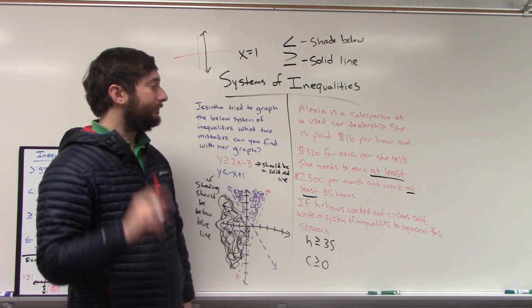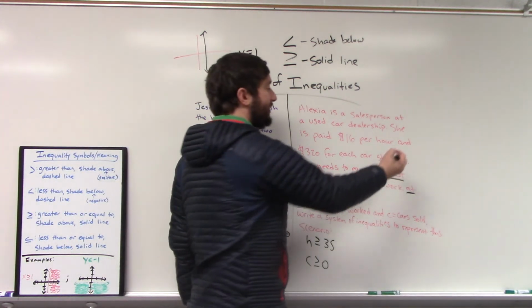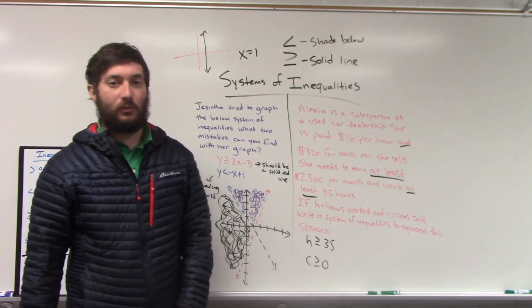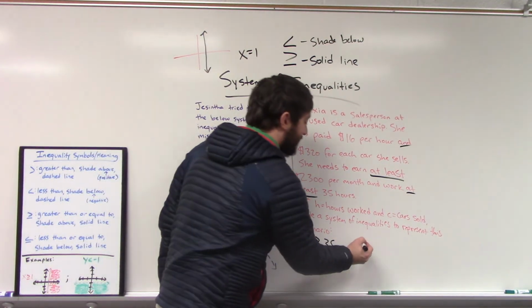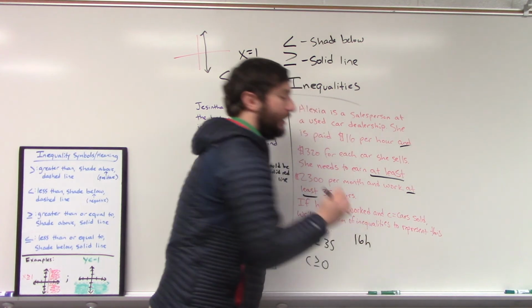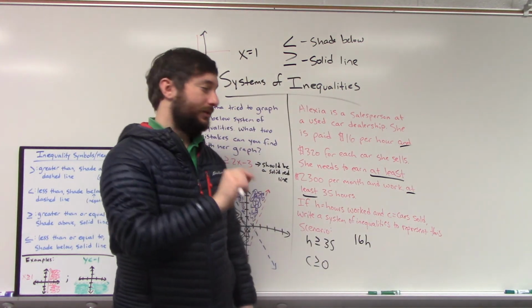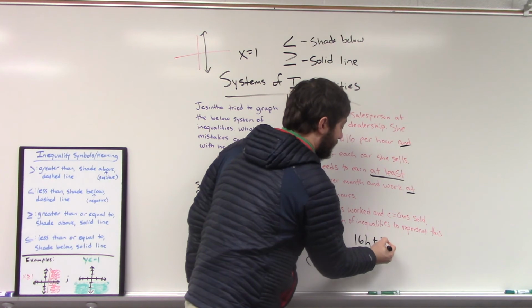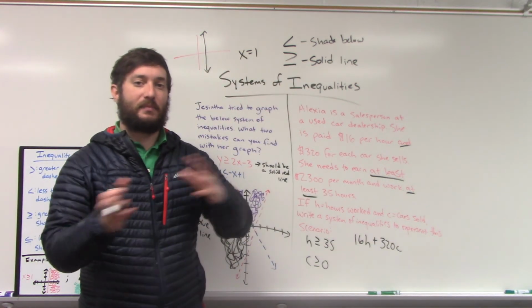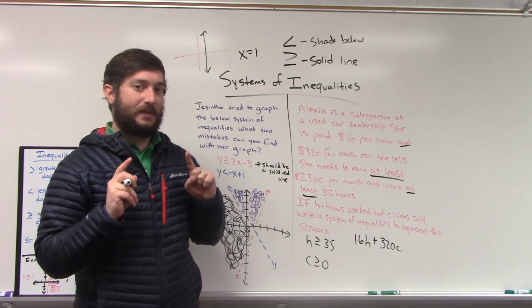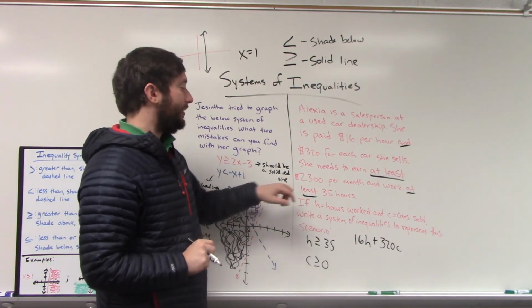And then lastly, okay, I guess I can underline this as well since that would be a key word. $16 per hour, so 16 times H, plus $320 per car that she sells. Now that has to combine to equal something. And it's got to be at least, again, $2,300.